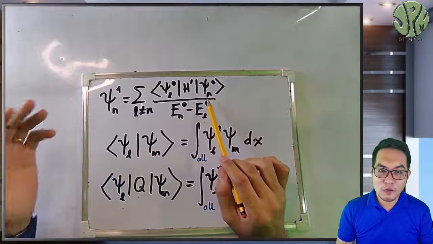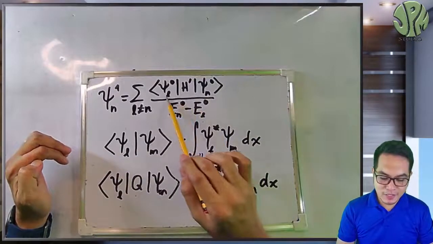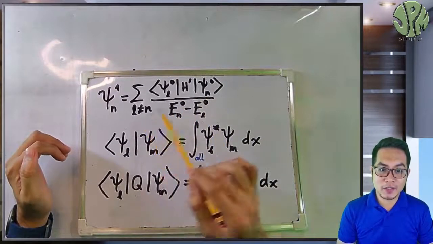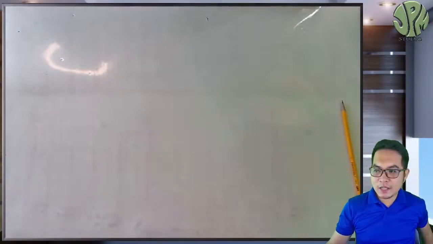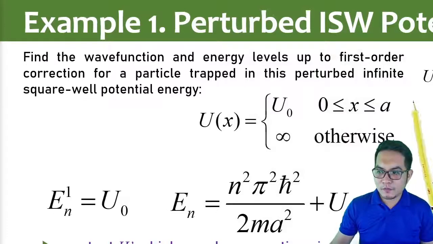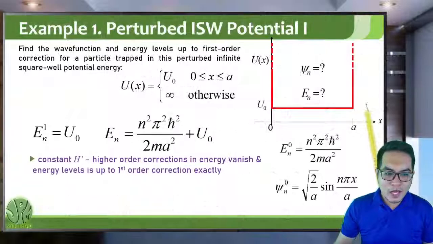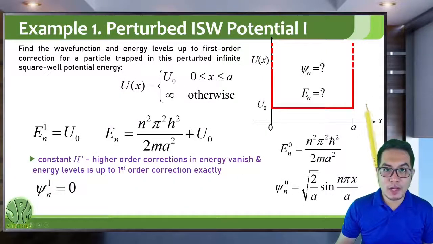The orthonormality condition states that if L is not equal to N, such as in this case, then it's equal to 0. So the first order correction will actually be 0. There's no first order correction.